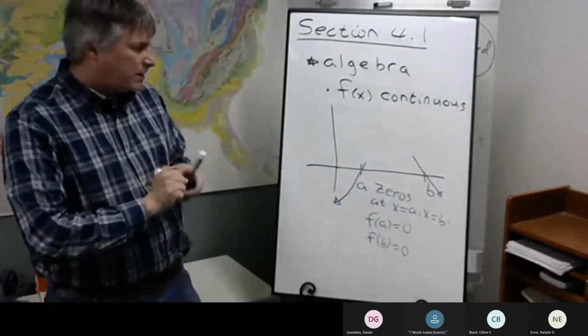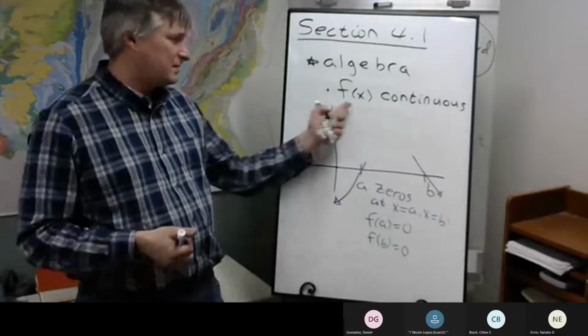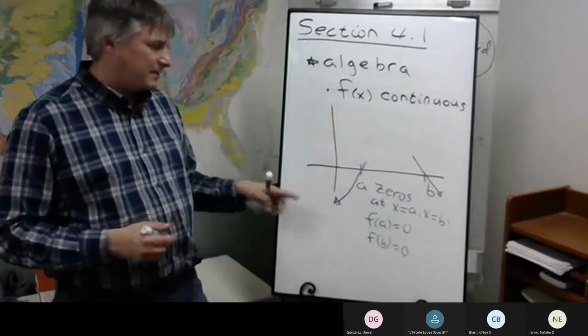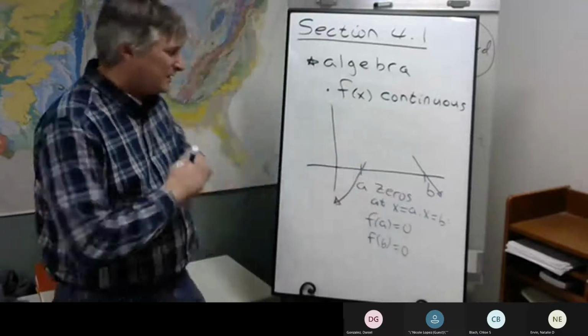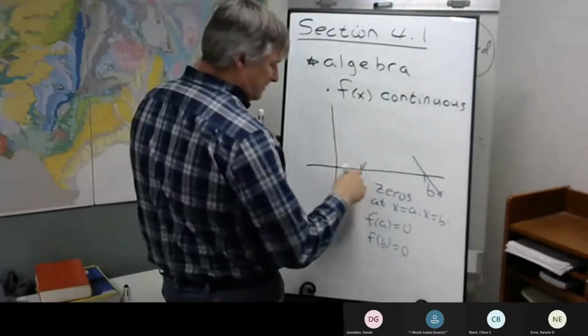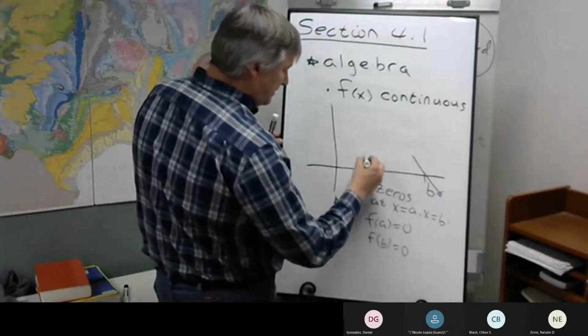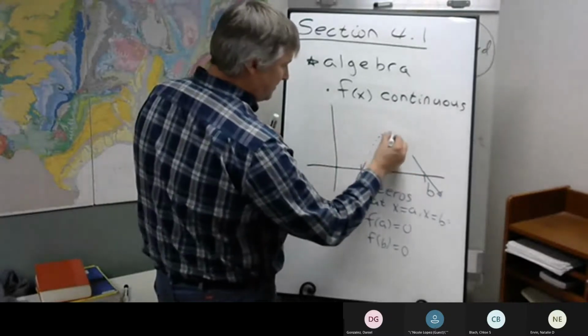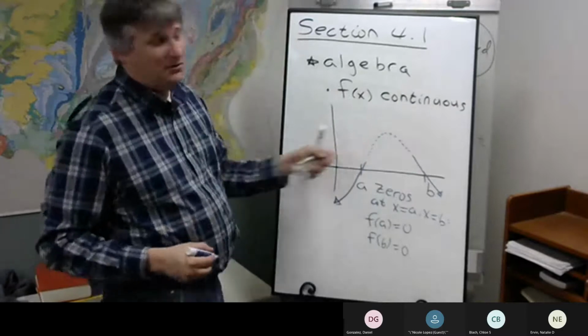What we would do at this point is pretty much assume, given that f is continuous, which means there are no gaps or jumps or anything peculiar like that, that if f of x is crossing here and crossing here, then it has to have some kind of behavior like this.